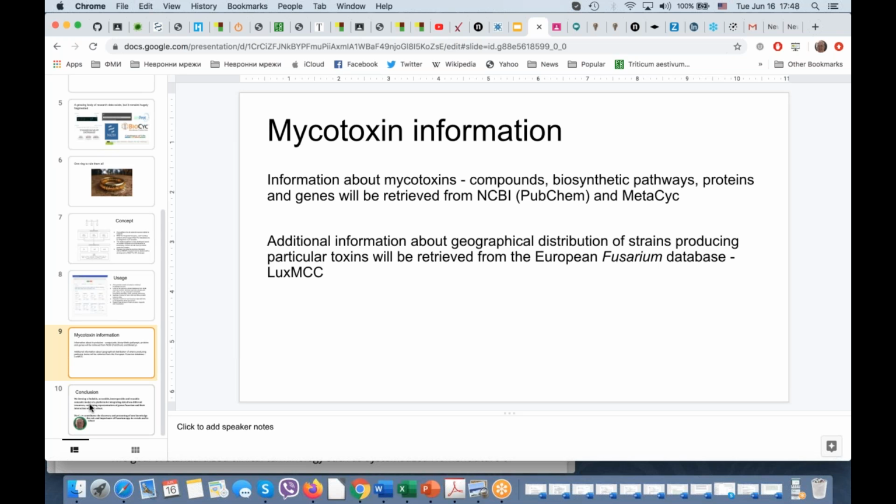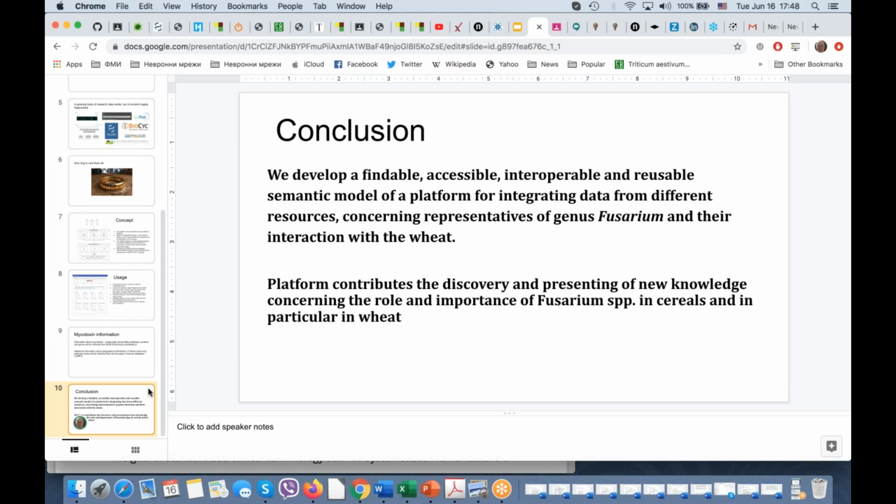So after all this, I would say our intention is to develop a findable, accessible, interoperable, and reusable semantic model of a platform for integrated data from different sources, concerning representatives of genus Fusarium and their interaction with wheat.